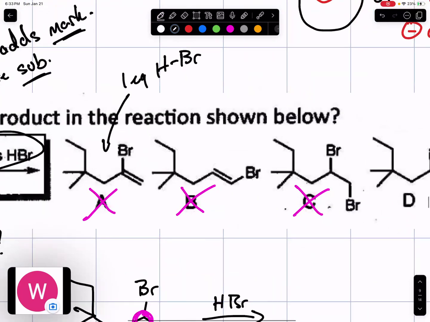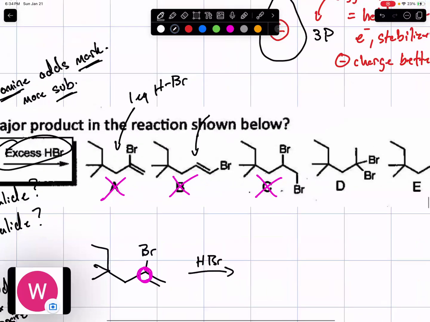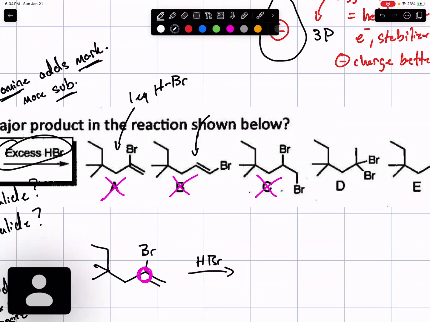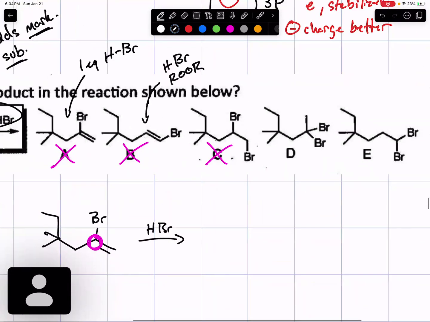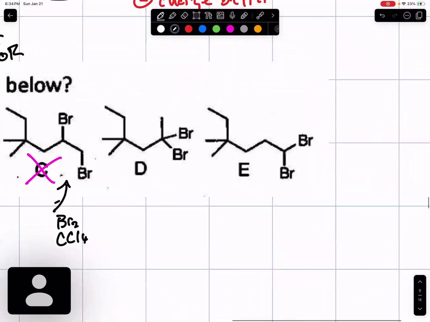What would this be? Can anybody tell me what reagents we would use for this, for option B? HBr with peroxide. Yes, sir. Thank you. HBr and peroxide. And we just said that if we wanted to do this, we would have to use Br2 and carbon tetrachloride, right? So now let's look at our answers.